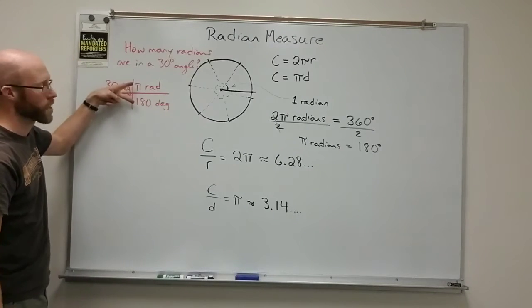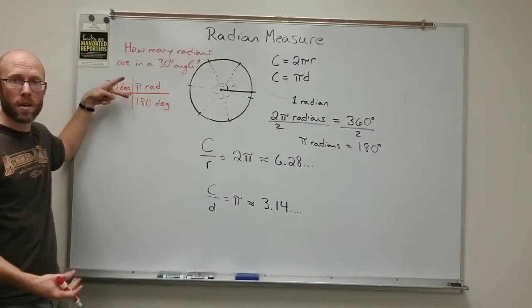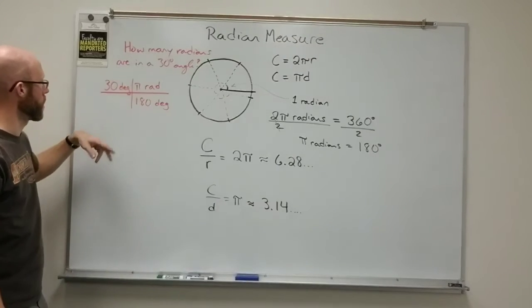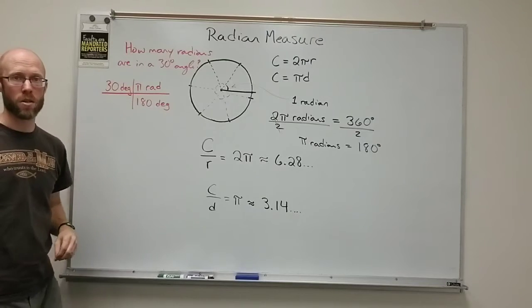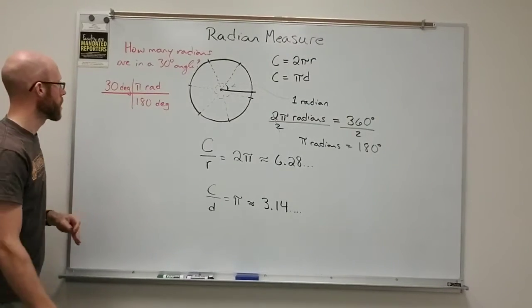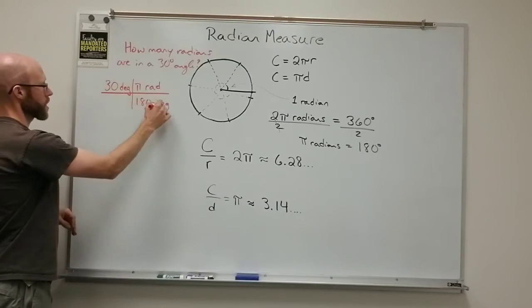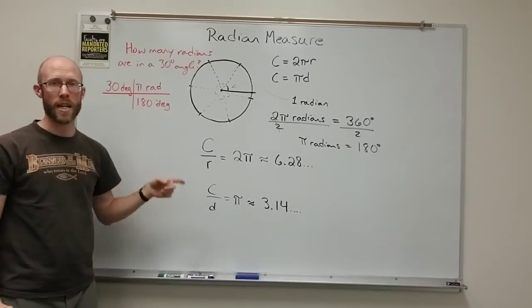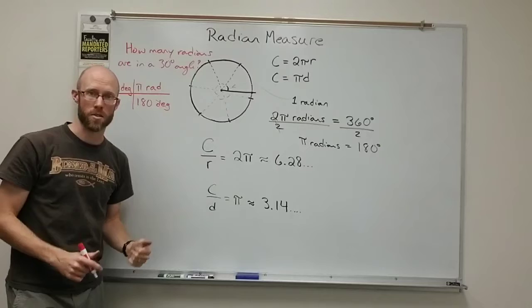But the pi over 180 is really equal to 1 because they're the same thing. Pi radians and 180 degrees are equal, so multiplying by that doesn't change the angle. Of course, the degrees cancel out. 30 over 180 is, of course, 1/6.